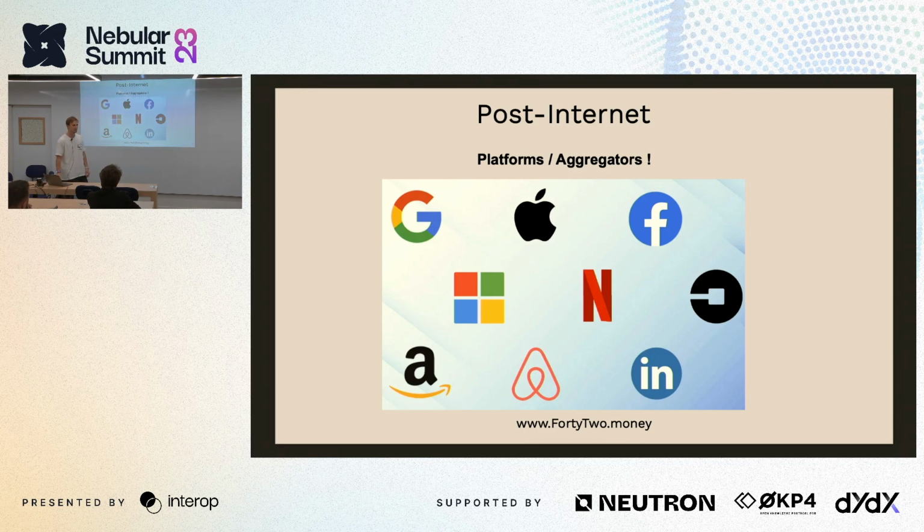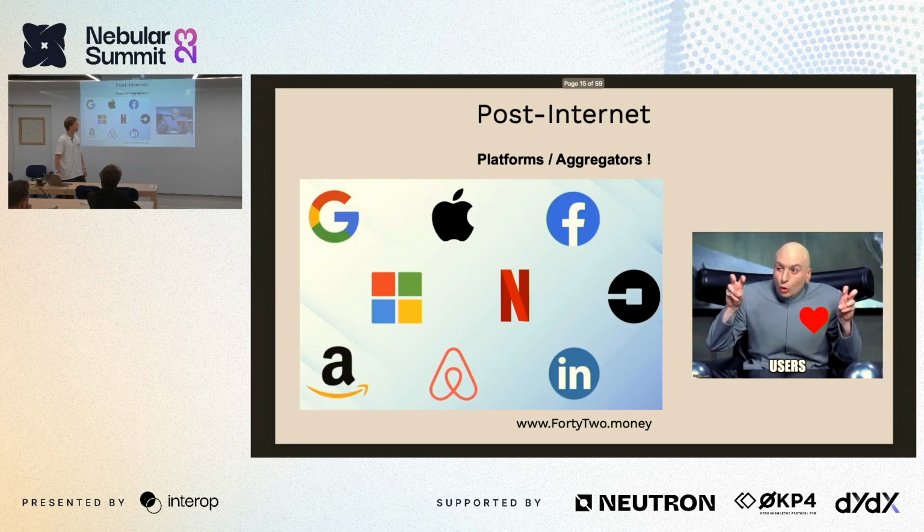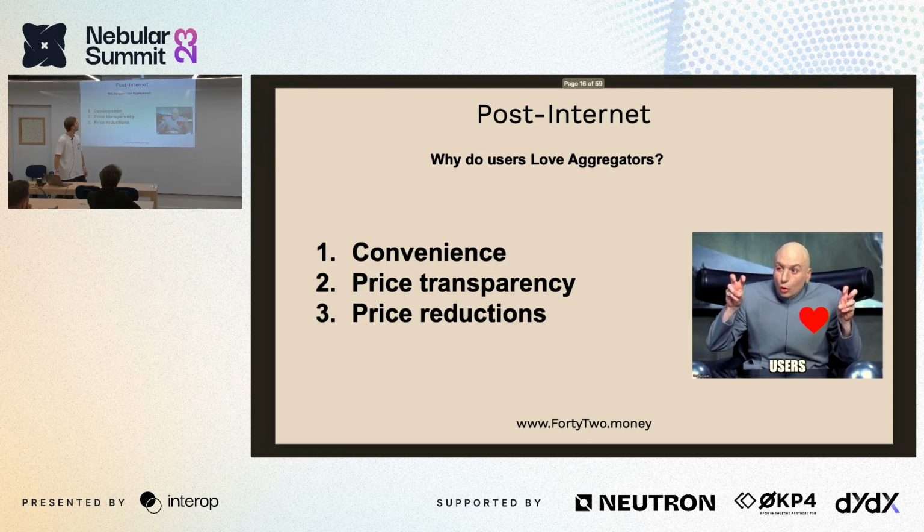And why is this? This is the key fundamental reason why aggregation theory exists: users love it. Why do users love aggregation? For three primary reasons. One, it's convenient for them. Two, they get price transparency across multiple vendors. And this price transparency allows for price reductions from the vendors.